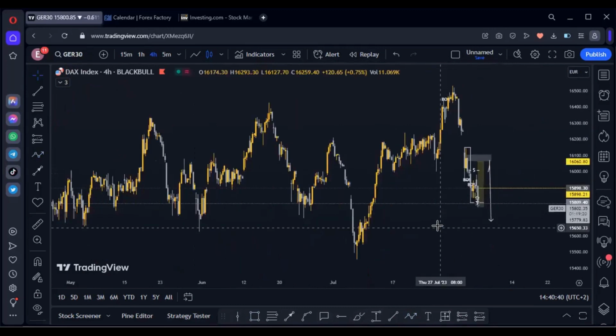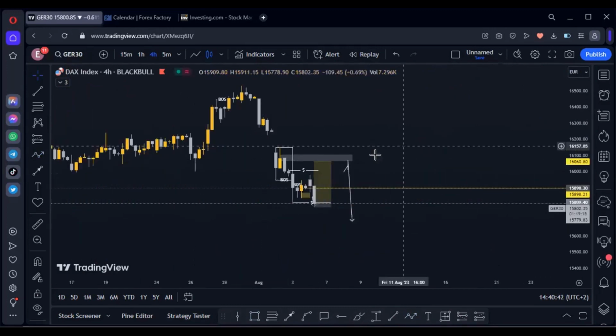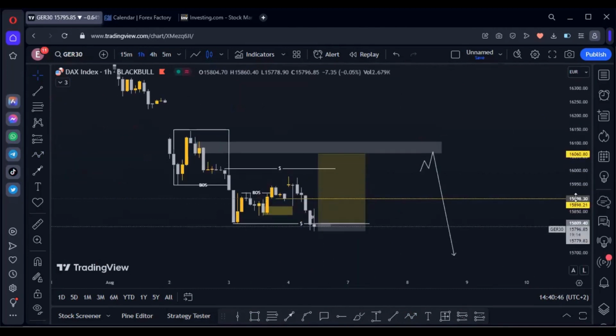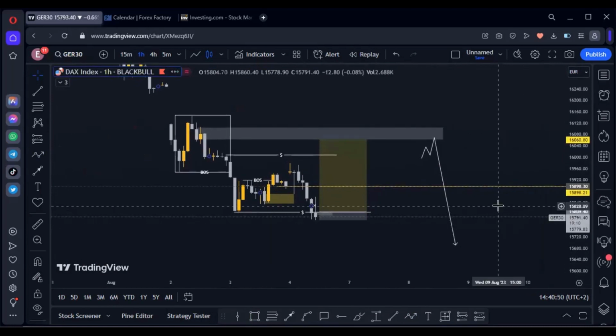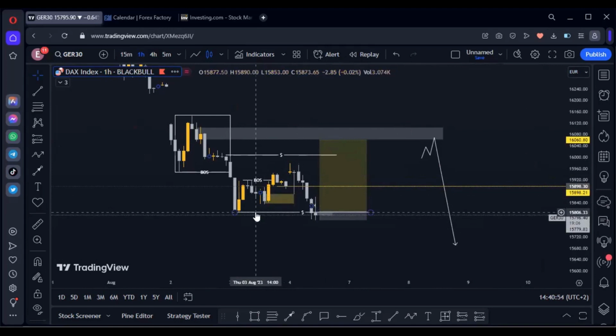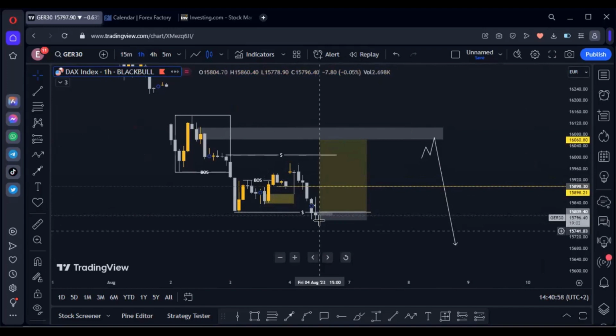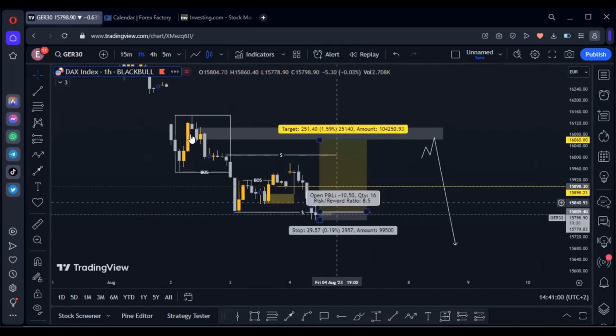German DAX. So we had the market opening nicely at around 15,900, and then it melted to the downside, breaching yesterday's lows, which was my liquidity point. So now I'm expecting a further push to the upside.